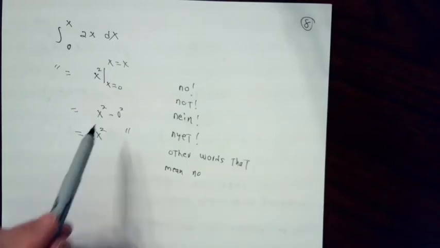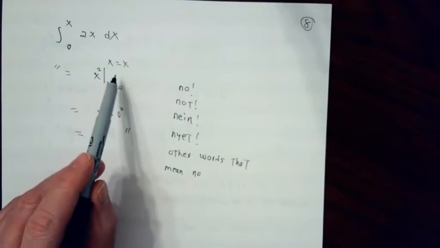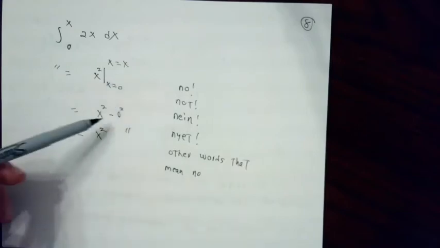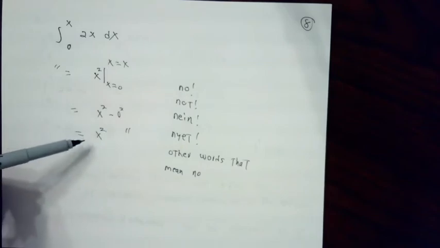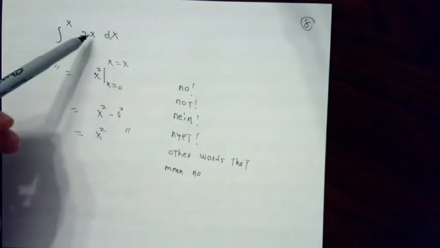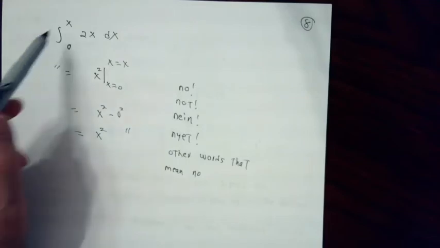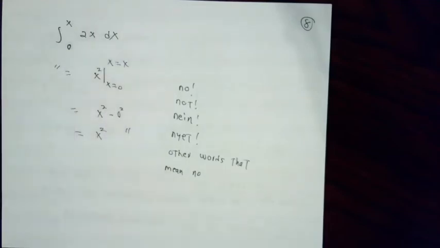I'll substitute the value of 0 in for x, which by itself is harmless, but then I'll substitute the value of x in for x, get x squared minus 0 squared, which is x squared, and I will have found a definite integral whose answer depends on the name of the variable of integration, and as we just saw, that's no good. So this doesn't even make good sense.